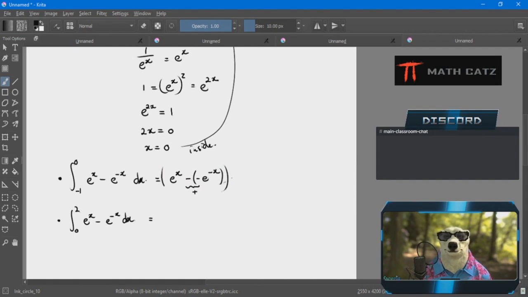And I have to put in -1 to 0. Because I kept them the same, this antiderivative is going to be the same. I just have to plug in different numbers. All right. So e to the x plus e to the negative x. Let's do that.